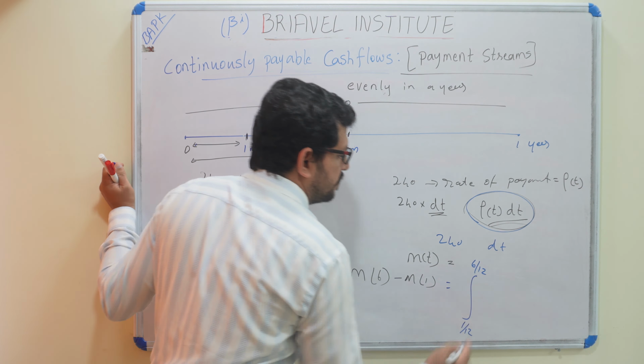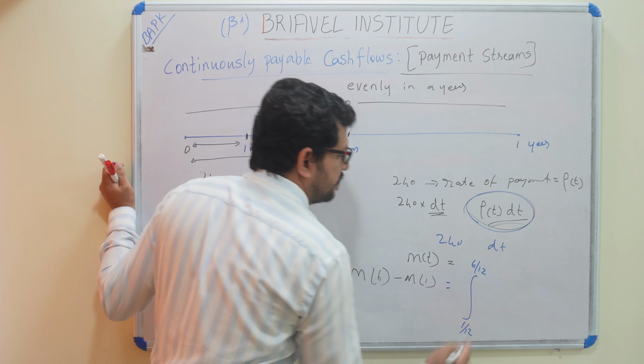If you differentiate M(t), the total payment, then we get the rate of payment. So the rate of payment is 1,200.